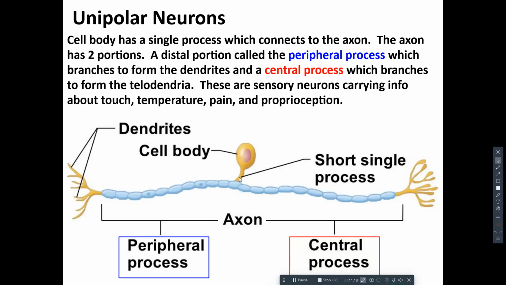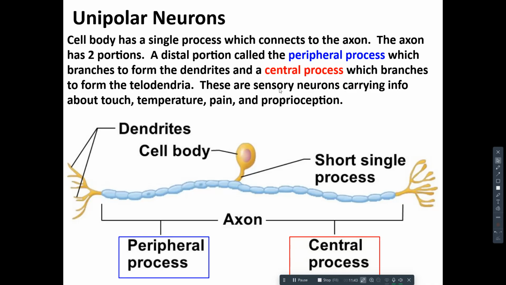Now, the axon is divided up into two parts. The part between the dendrites and the cell body is called the peripheral process. The part between the cell body and the telodendria and the terminals is called the central process. So these guys are sensory neurons.